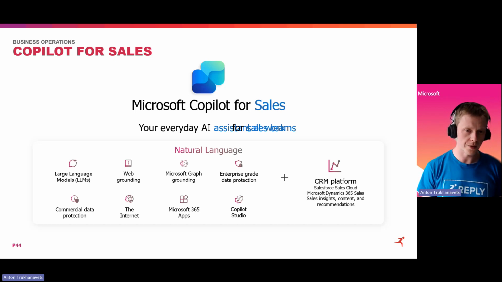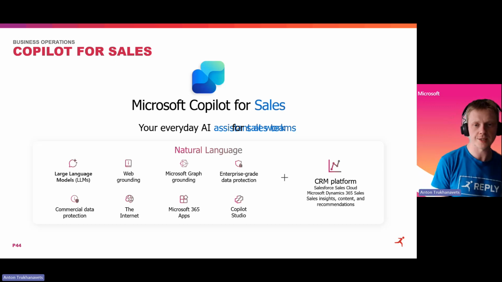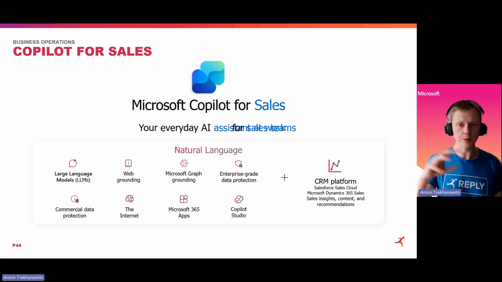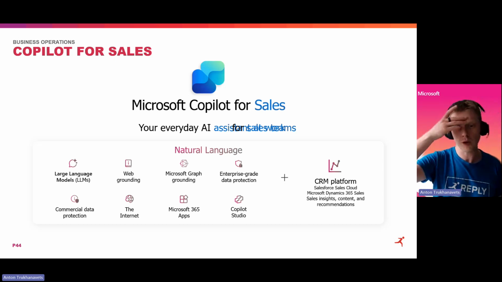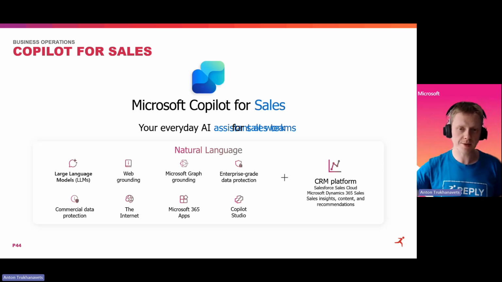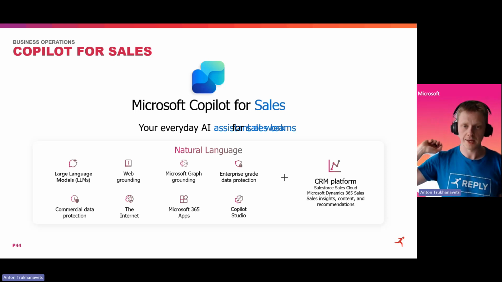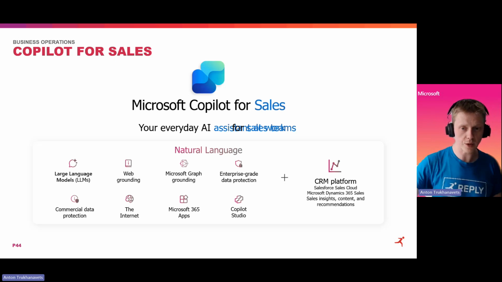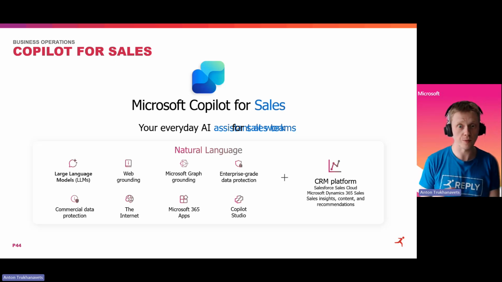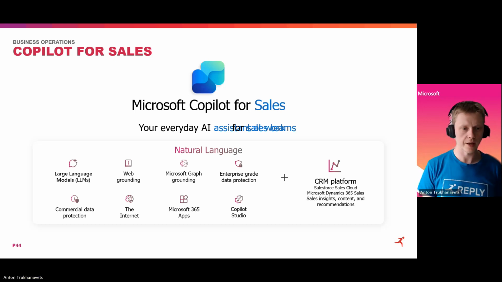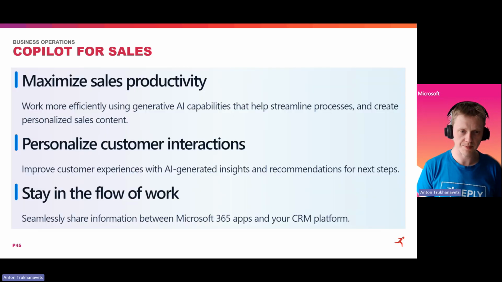You can think about Copilot for Sales almost as if you have your Copilot for M365, and you will be able to plug it into your CRM platform, such as Dynamics 365 Sales or Salesforce Sales Cloud, to actually deliver the sales insights from those CRM systems into your flow of work, into your apps such as Teams or Outlook or Office applications.